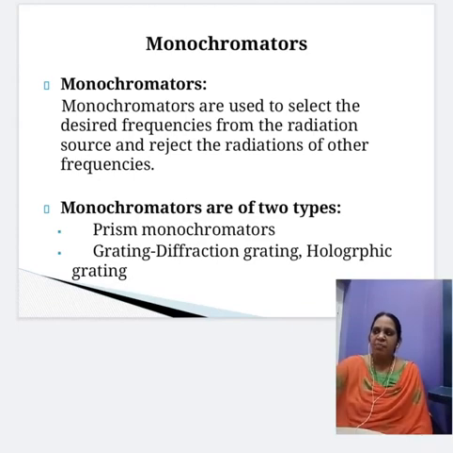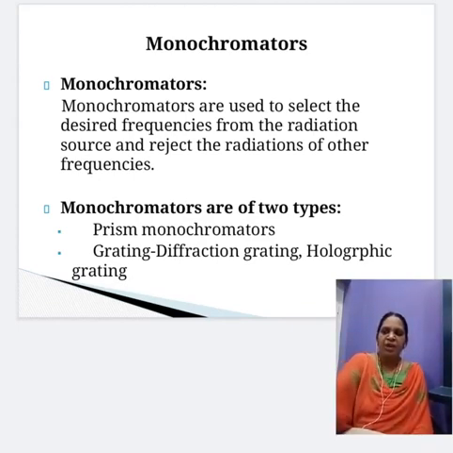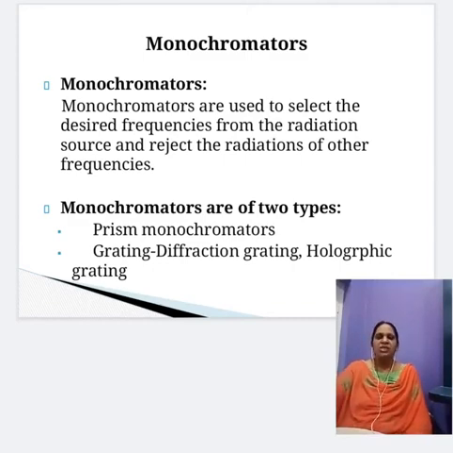But what is the primary function of a monochromator? The primary function of a monochromator is to provide a beam of radiant energy of a given nominal wavelength and spectral bandwidth.